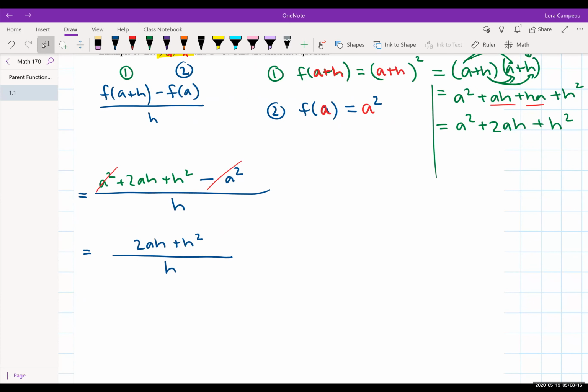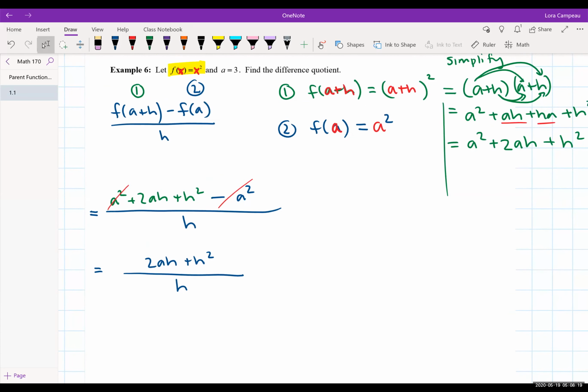Now, the very last thing to check for, especially when this is a quotient, and this will be utilized a lot in these next sections, is if you have any common factors on the top. I'm really more concerned about the h's. What I like to do is see if the h's will factor out.